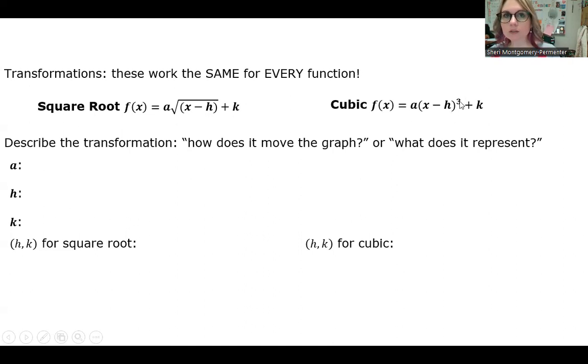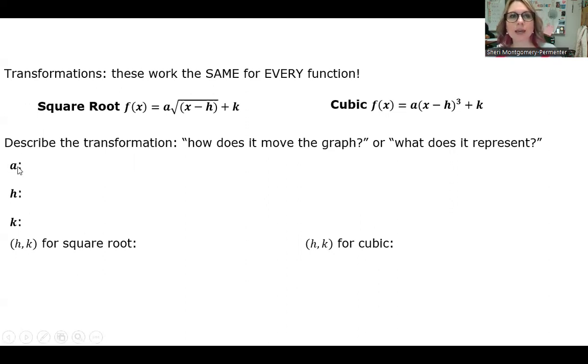For a cubic, you're cubing the x part. That's the only thing that changes. You still have something in front of the x in both of them. You have something inside the parentheses for both of them. And then you have something after that operation, whatever's happening to the x. Same place. And what they do is the same.